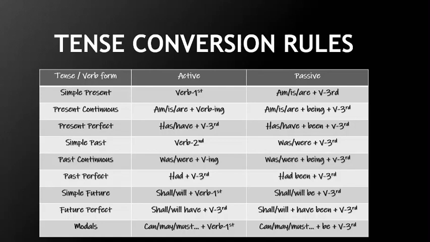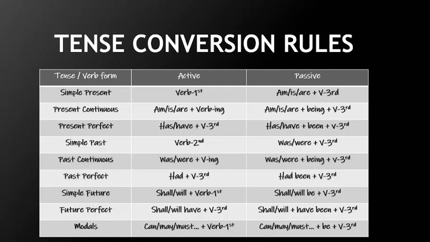So am, is, are plus verb-ing is the active form of the verb. But if we use the verb in a passive way, we keep am, is, are, right? But we add being. And then we use the third form of the verb.